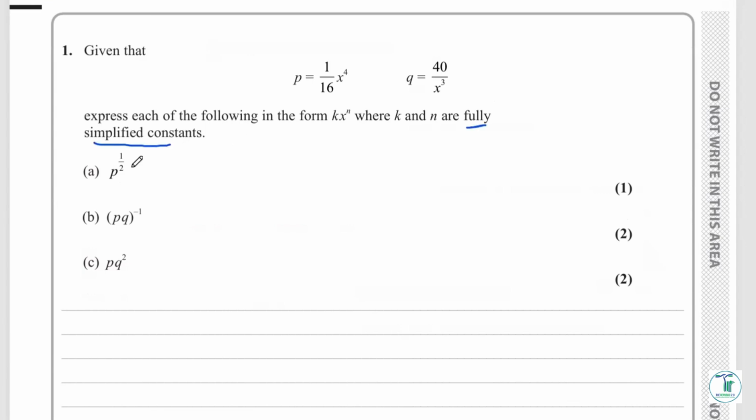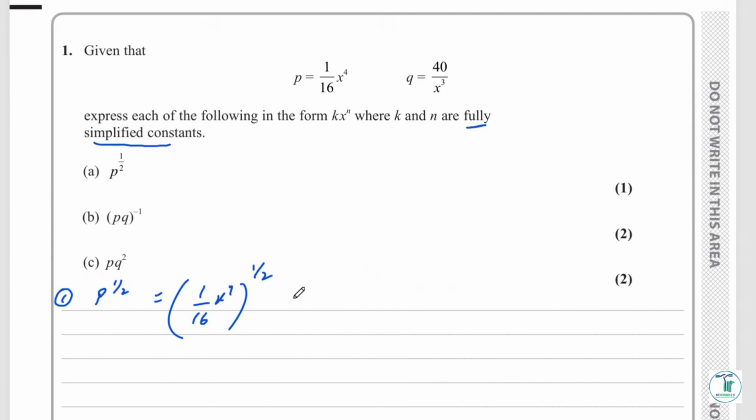So you've got p to the power of 1 by 2. In question number 1, you have got p to the power of 1 by 2. I'm just going to plug in the value of p, and that is going to be 1 by 16 x to the power of 4, to the whole power of 1 by 2, right? This power 1 by 2 belongs to both 1 by 16 as well as x4.